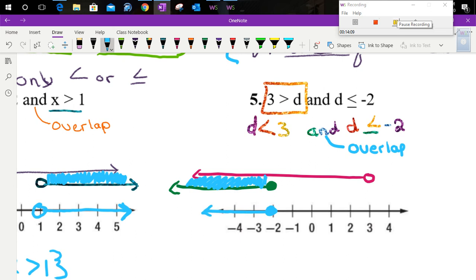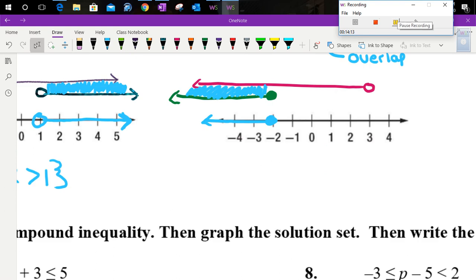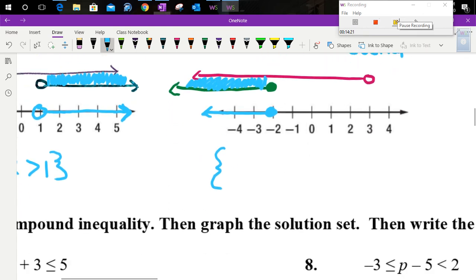Okay? Then writing this in set builder notation, we would write it as D such that D is less than or equal to -2. Okay.